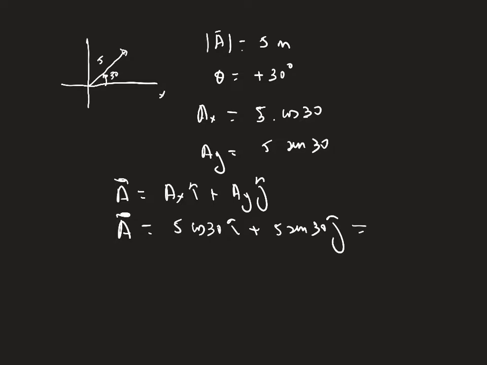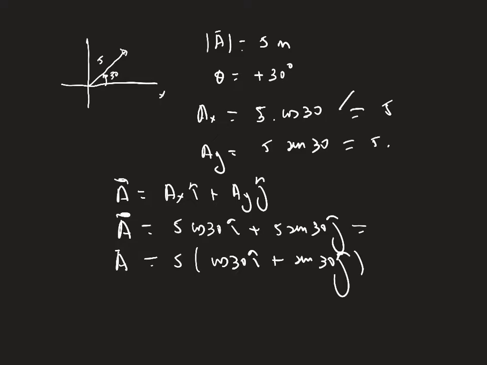So this is equal to 5 times cosine 30 I plus sine 30 J. And this is the vector A. We found the vector A and we found the components. Sine of 30 is 1/2.